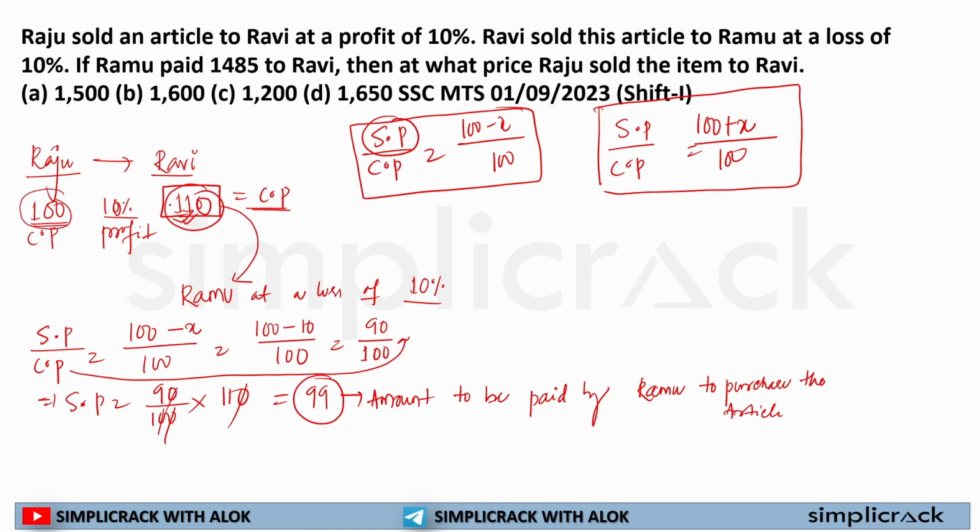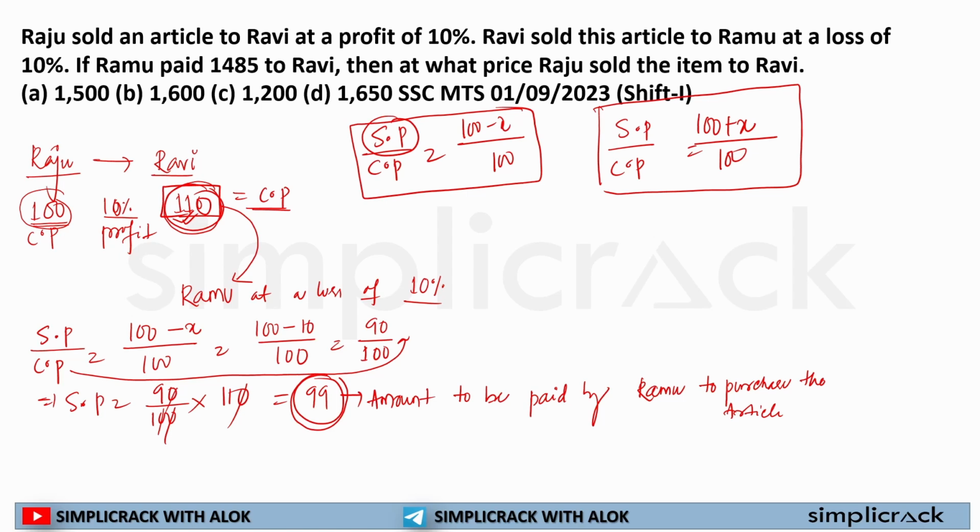He sold it at 10% gain, so Ravi bought it at 110. So the cost price for Ravi was 110. Now Ravi sold it to Ramu at 10% loss. We find out that amount. So we got 99 as the selling price of Ravi. The selling price of Ravi is the price at which Ramu purchased the article.